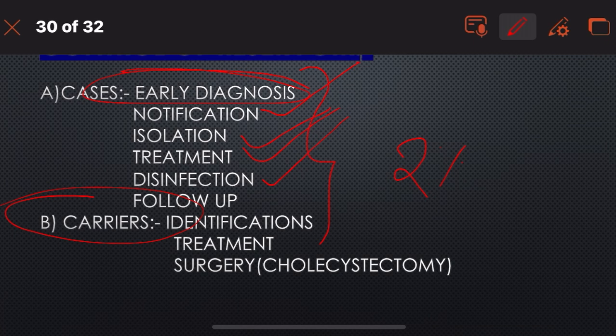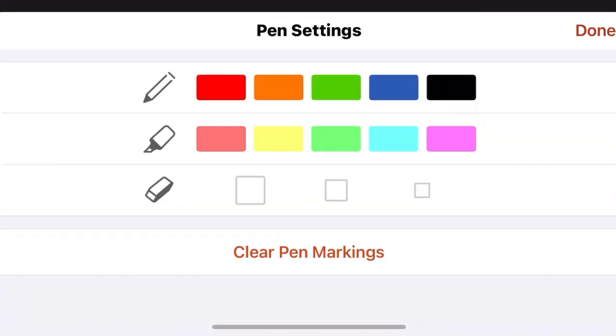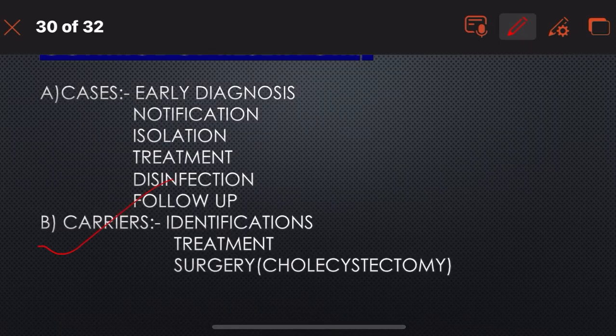The stool and urine containers, whatever they are collected in, have to be closed and disinfected with 5% cresol for 2 hours. Is it clear?